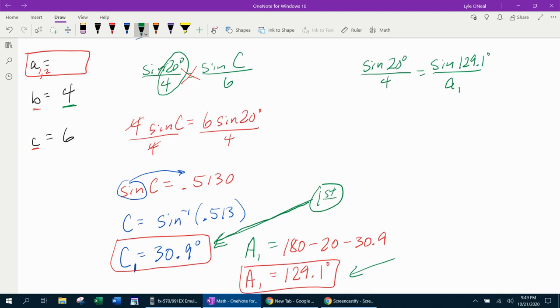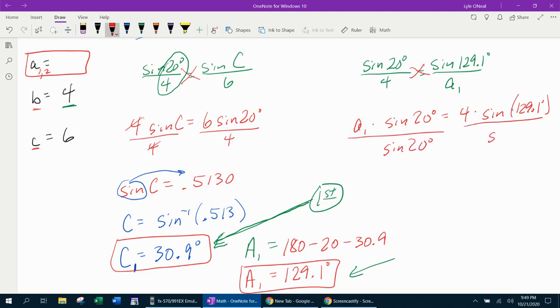And now that we have our proportion set up, we need to cross multiply. So A1 times sine 20 is going to equal 4 times sine of 129.1 divided by sine of 20.